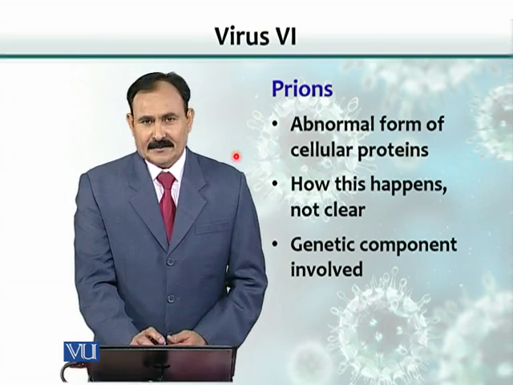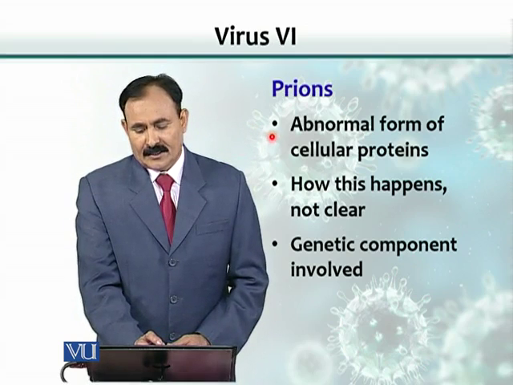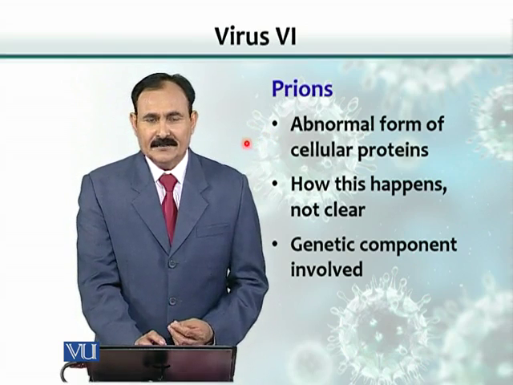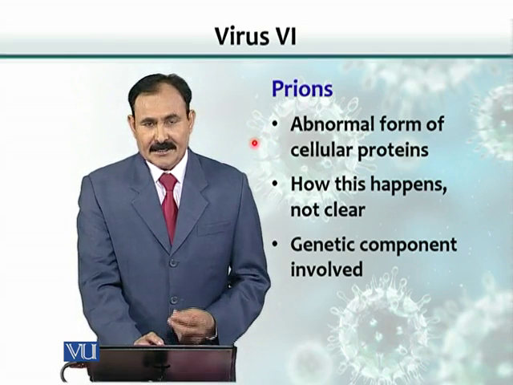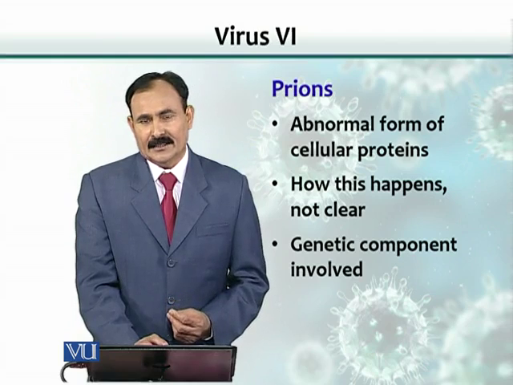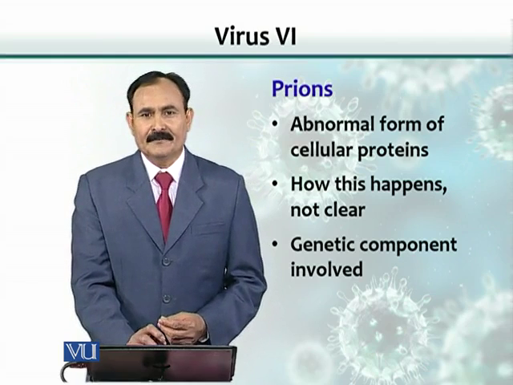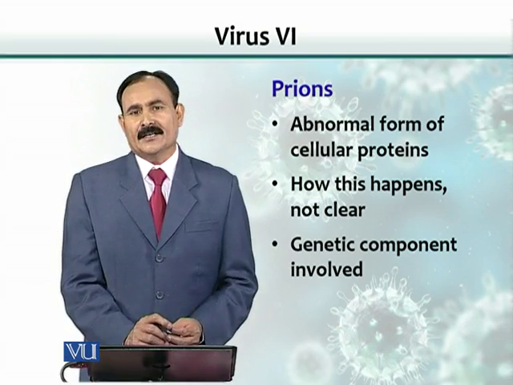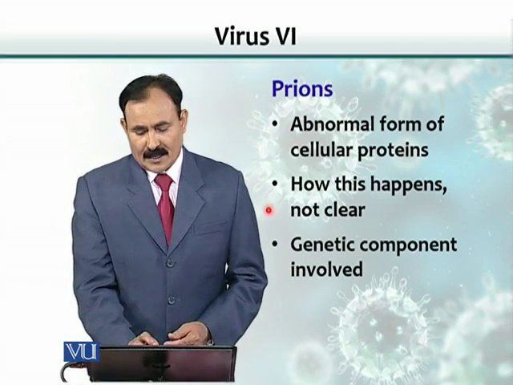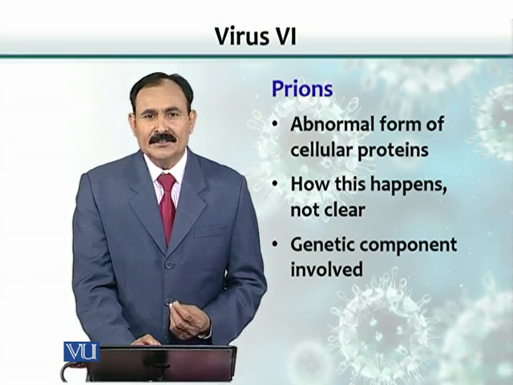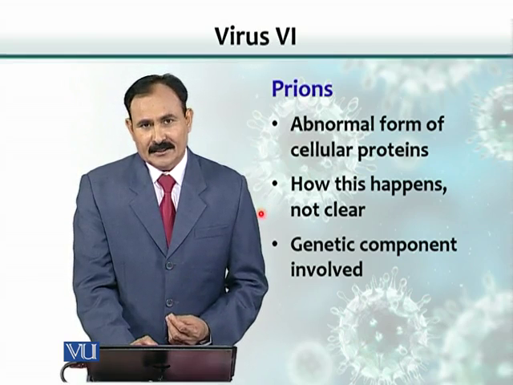What are prions? Prions basically are cellular proteins that for some reason become abnormal. And they accumulate in cells to a degree where the original functionality of the cell is deteriorated. How this abnormal protein is created is not known clearly.